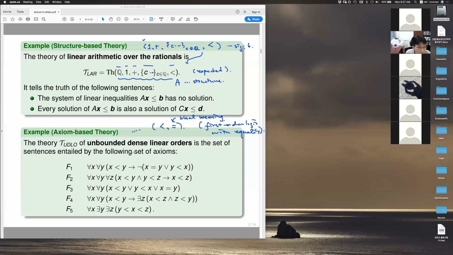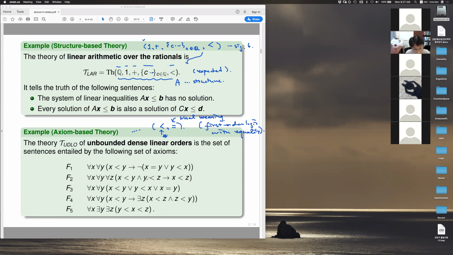And then this theory formalizes properties about this order. It says that this less than is a so-called unbounded dense linear order. It's formalized by 5 axioms that you see on the screen. Let's start by looking at the second axiom first. The second axiom says for every x, y, z, if x is less than y and y is less than z, that implies x is less than z.